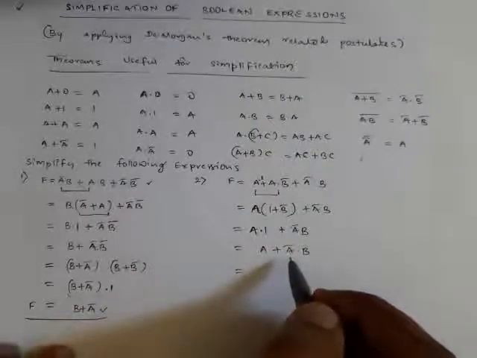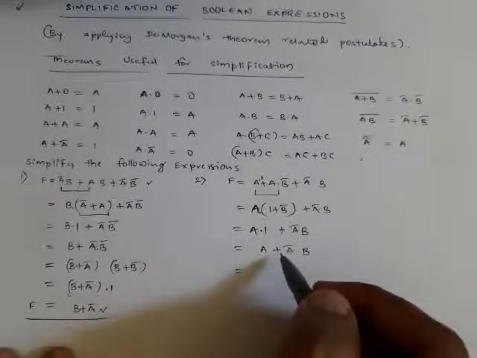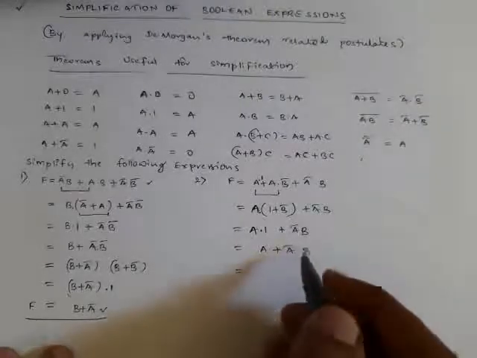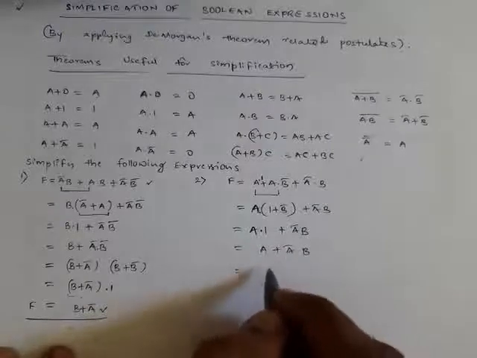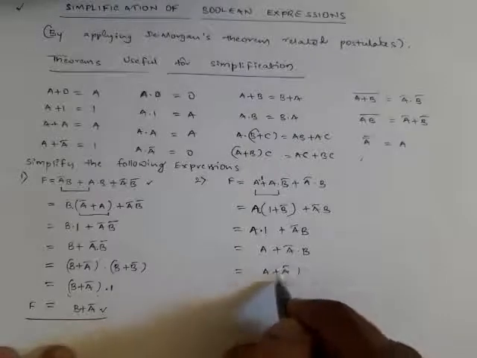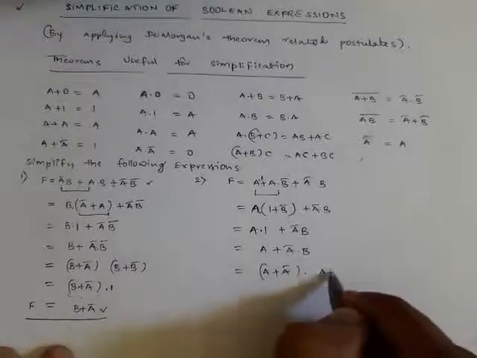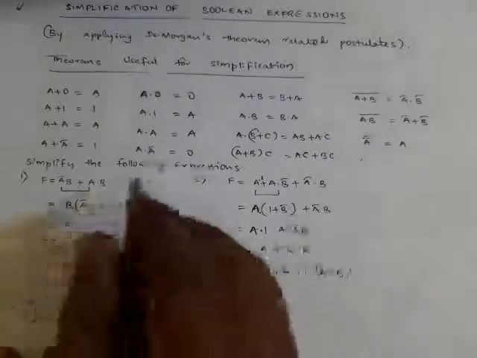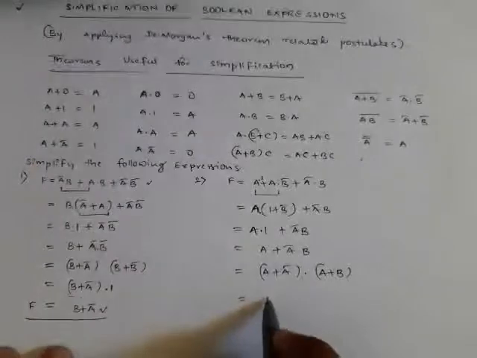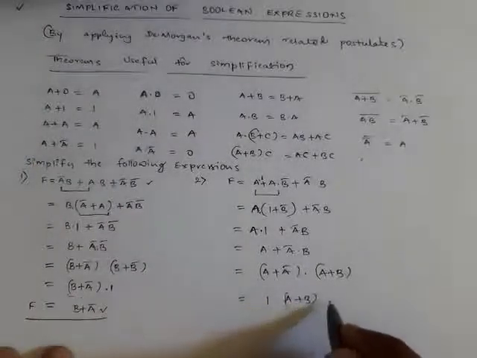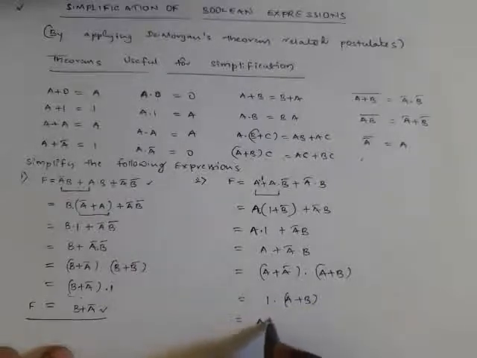And this again you can apply the distributive law of OR over AND, and that can be written as a plus a bar, and a plus b. So here a plus a bar equals 1, and 1 dot a plus b simply equals a plus b.